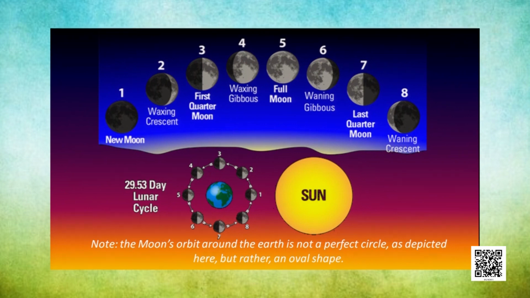Now after 2 to 3 days, here we see this type of figure. The position of the moon is here. Sun is here, earth is here, and the moon is at a certain angle.